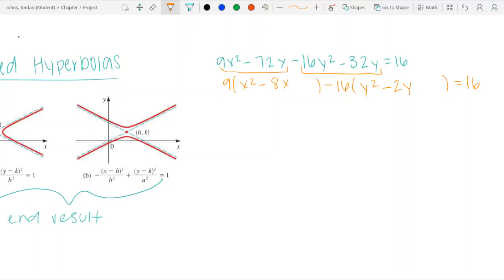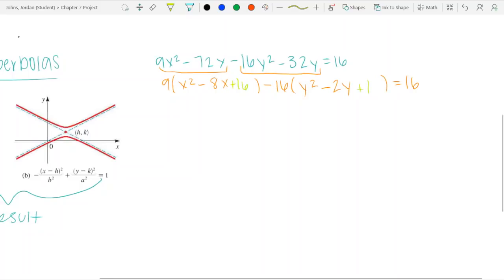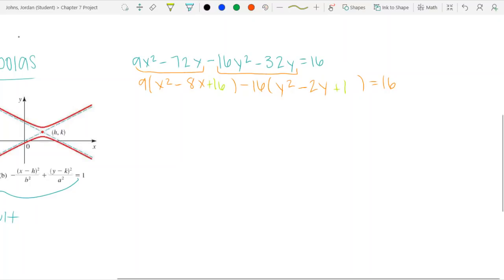By doing this, we know that in these spaces, we're going to put 16 and 1, adding both. We have to do that on both sides, so it's going to be 16 plus 9 times 16 minus 16 times 1.